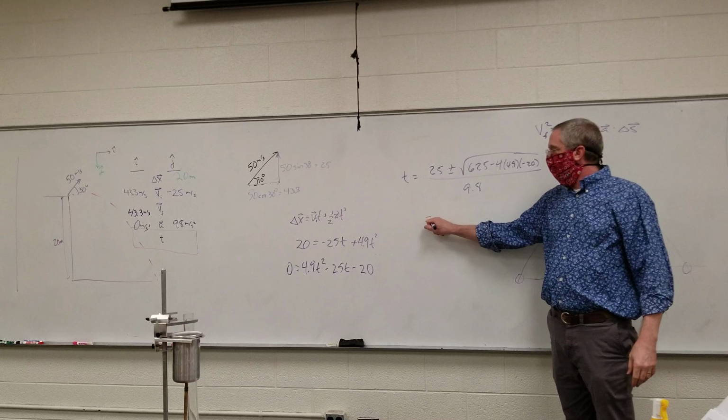We now have time, 5.805 seconds. We can now find horizontal displacement, and that's basically the same equation. The biggest mistake I see students make on this problem is they stick in acceleration of 9.8 meters per second squared no matter what.